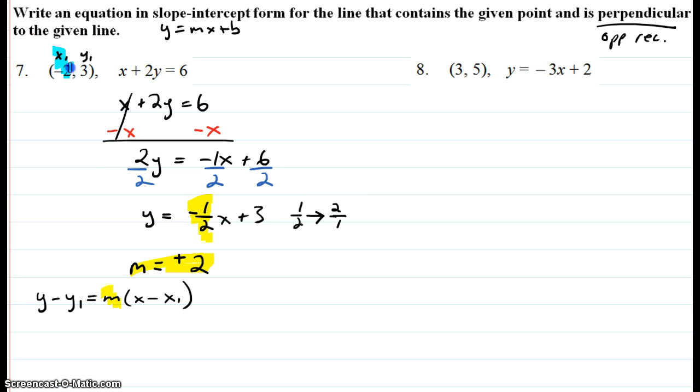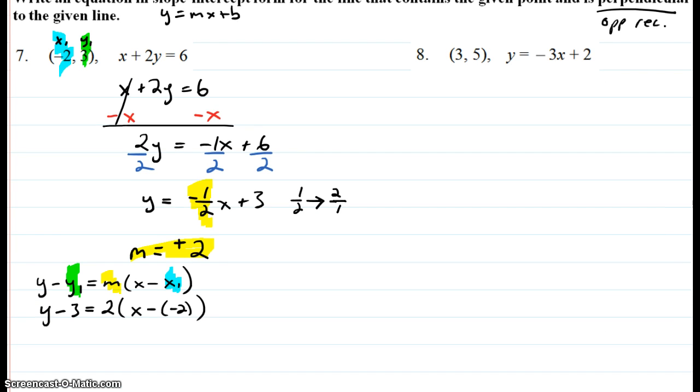So we're going to take this negative 2, substitute it here. We're going to take this 3 and substitute it here. So let's substitute all the values. So we get y minus, y1 is 3 equals, our m is 2, and our x minus negative 2.